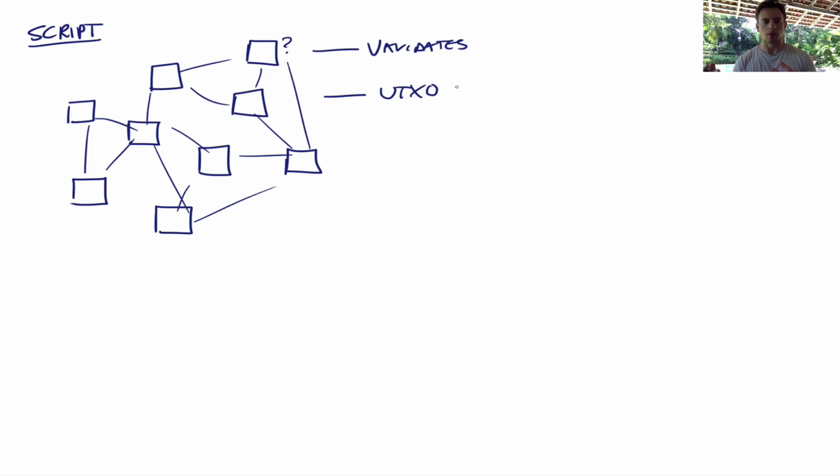And that all happens, again, this is going to become clearer later when I give an actual example, but script is the language in which the validation of whether the UTXO can be spent by this new transaction happens.